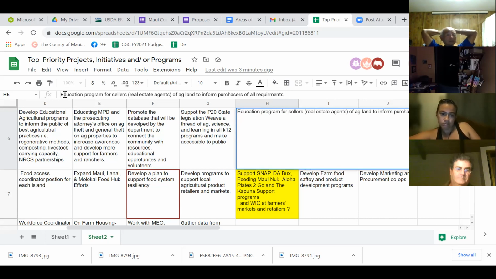So I think that would be a legislative thing, where we would have to collaborate with the state to require real estate agents to inform purchasers of all requirements on ag land.